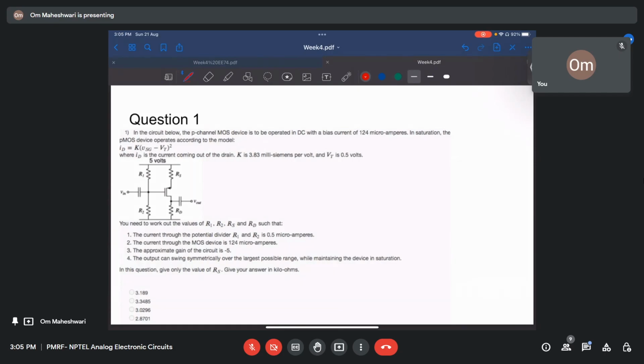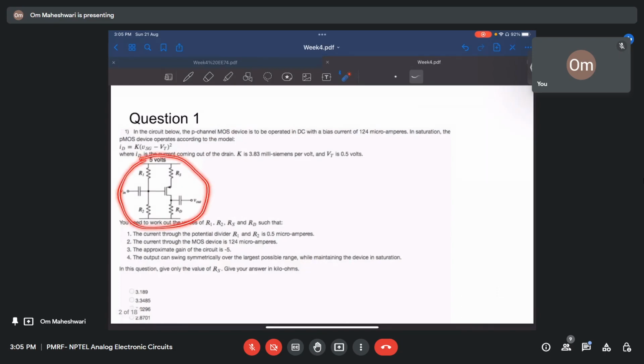In this question, we have this circuit here. This is a PMOS, right? Because you can see arrows like this. It is a PMOS, and we are given the bias DC current is 124 microamperes, and K value is given. This is the saturation equation.